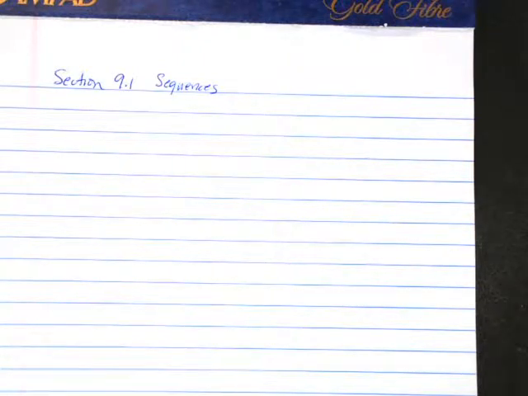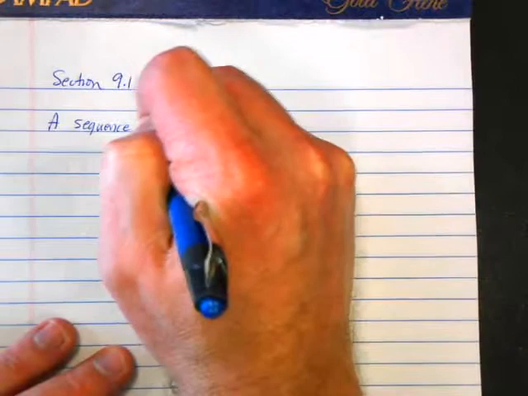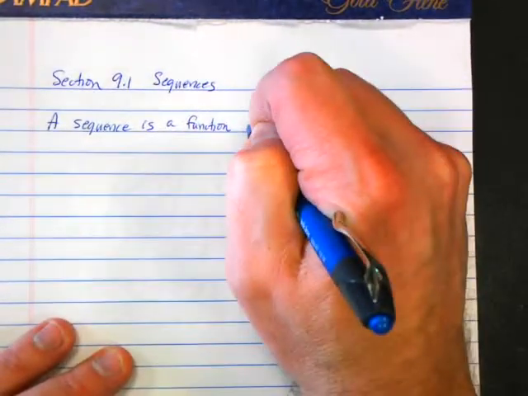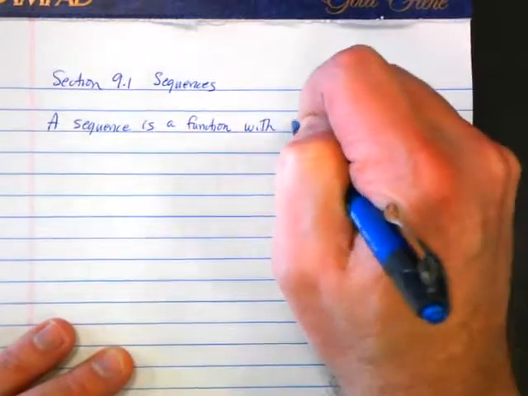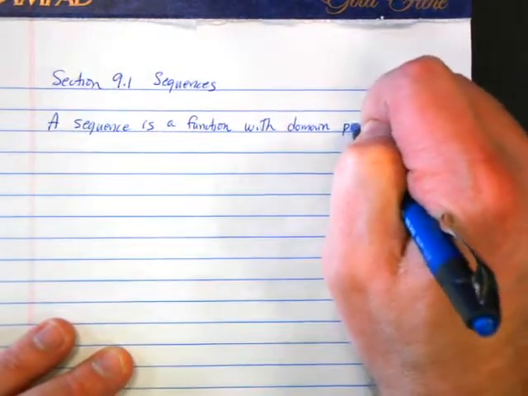So it's 3 things that repeat over and over again. Okay. What's a sequence in math? Probably the same thing. In math, a sequence is a function with domain positive integers.